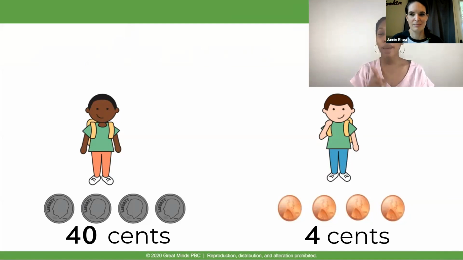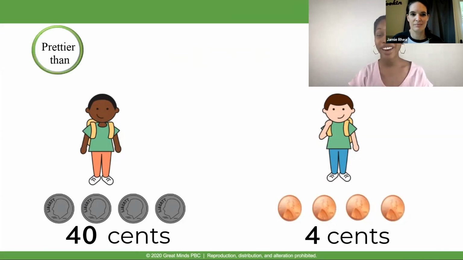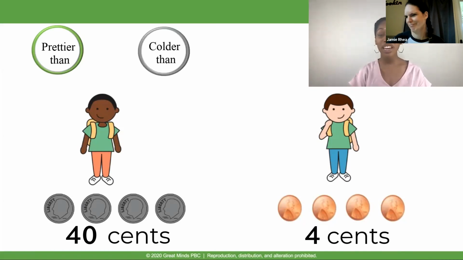How can we describe 4 compared to 40? Can we say that 4 is prettier than 40? Can we say that 4 is colder than 40? Or can we say that 4 is less than 40?